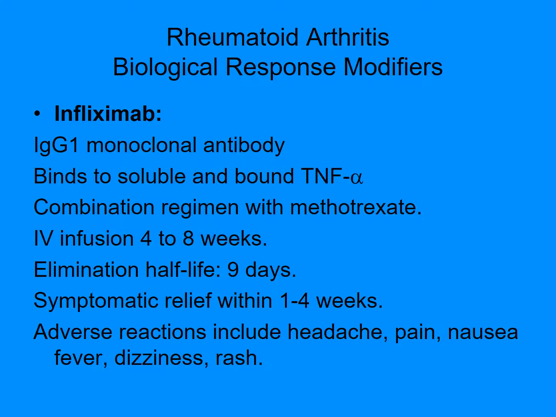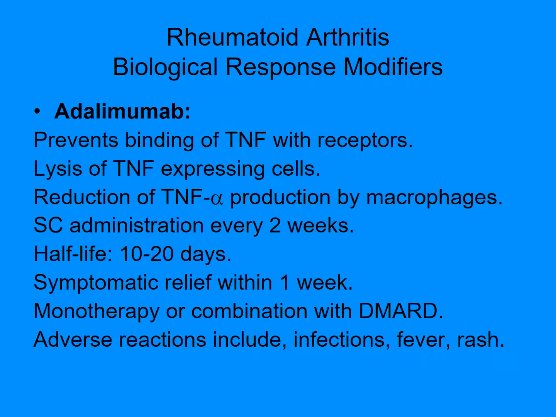Infliximab is an IgG1 monoclonal antibody. It solubilizes TNF, and it's given via IV infusion over a period of 4 to 8 weeks. It too has a very long elimination half-life, and you see fairly quick symptomatic relief. Adalimumab will prevent the binding of TNF with the receptors, so it's a TNF antagonist, and will also lyse TNF expressing cells and reduce the production of TNF alpha by macrophages.